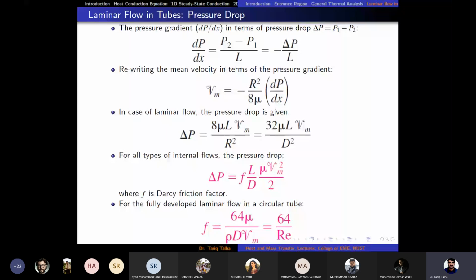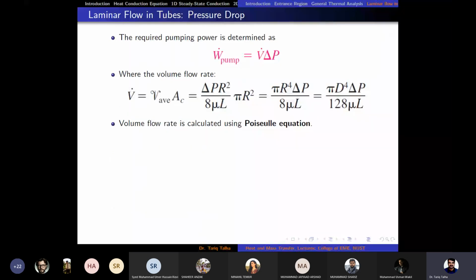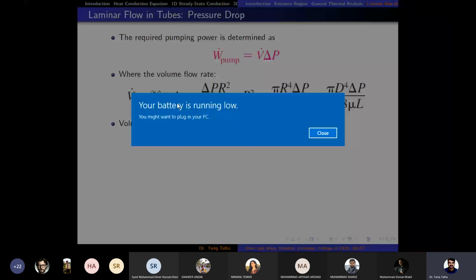Then the pumping power required, we know, is volume flow rate times delta P, and we can always write the volume flow rate as V mean times the cross-sectional area.